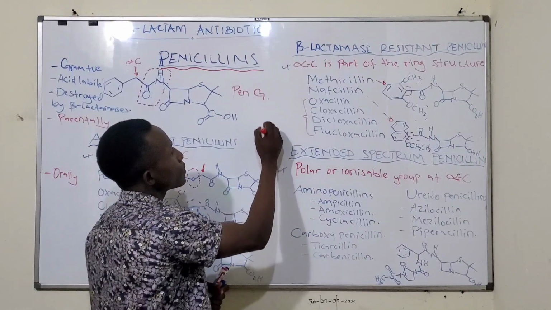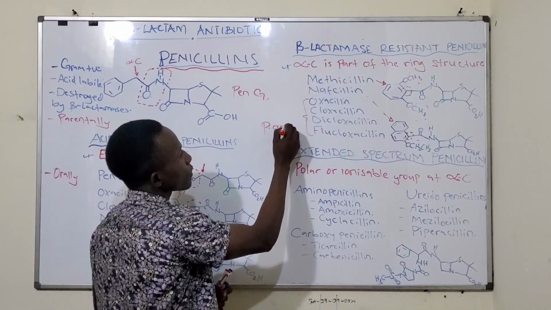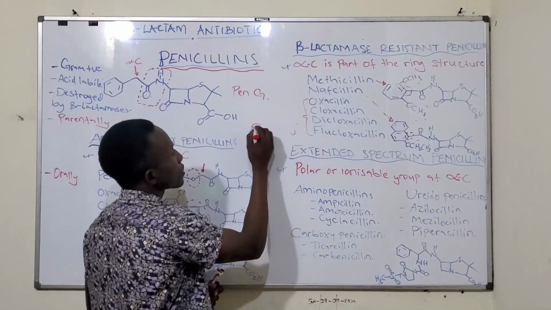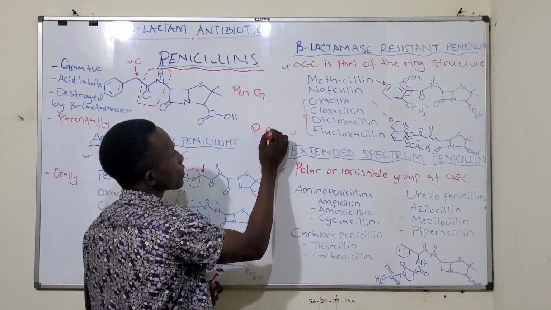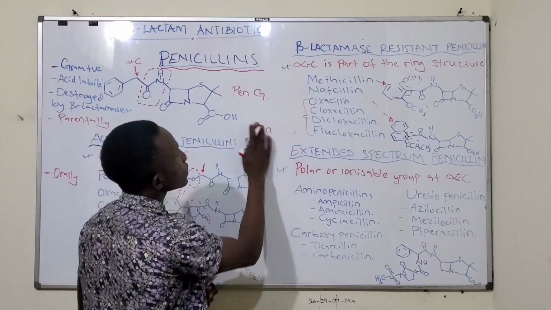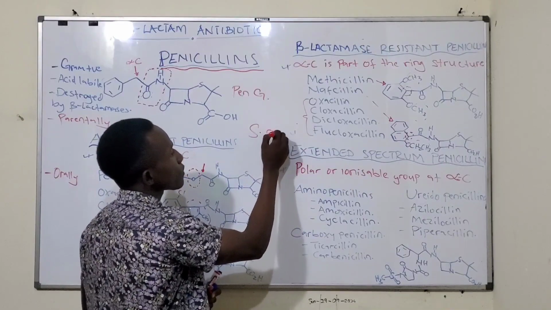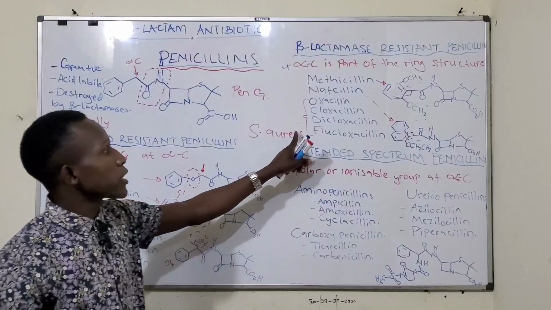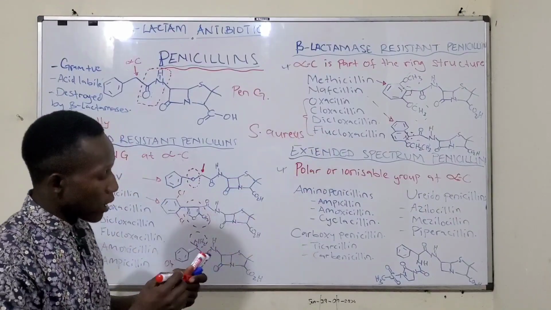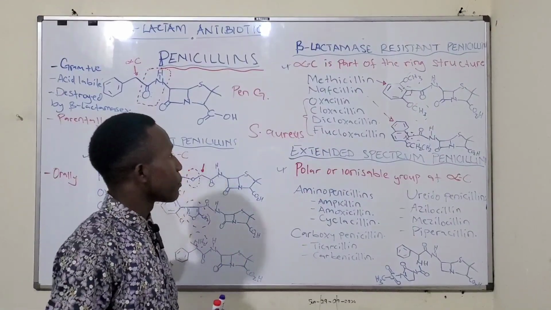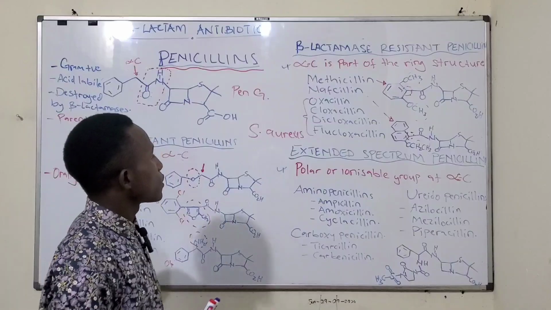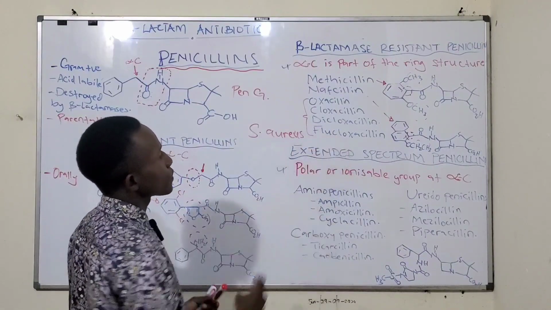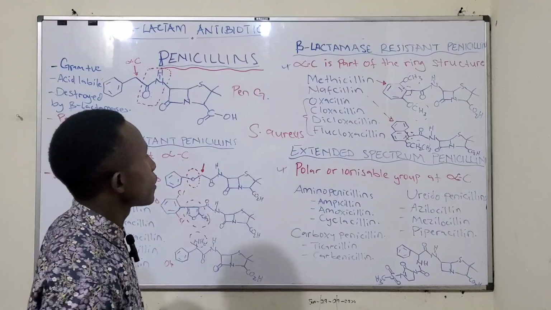An example is Staphylococcus aureus. They target this bacteria which is beta-lactamase producing gram positive. So these ones can target this bacteria.